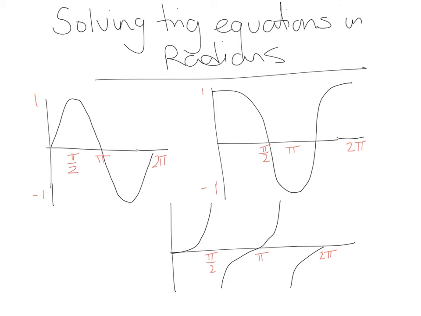And the last value that we probably want to put on there is 270 degrees. That's 3 lots of 90, so it is 3 pi over 2.